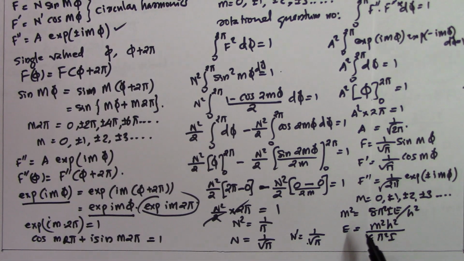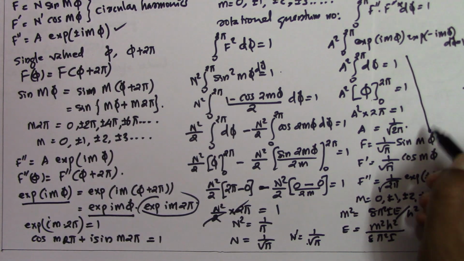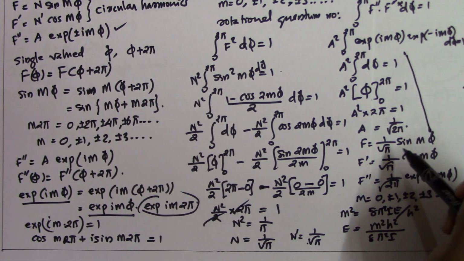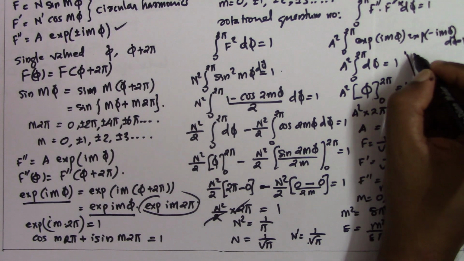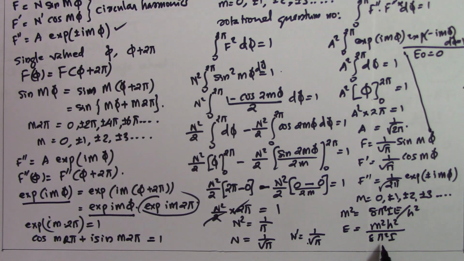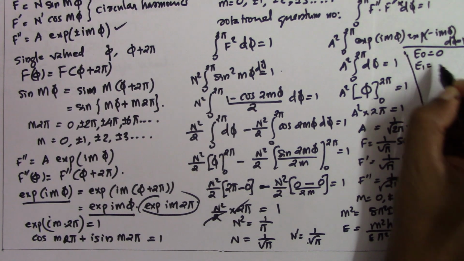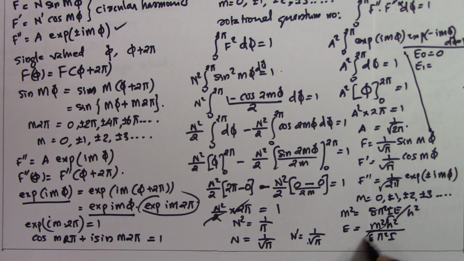So if m is equal to 0, then E0, let me write it here, we don't have enough space here. Now I will try to write everything here in this space itself, so that I can complete this video in this session itself. So when m is equal to 0, E0 is equal to 0, because 0 into h square divided by 8 pi square I, and when m is equal to 1, then E1 is equal to 1 square into h square divided by 8 pi square I, and we can take h square divided by 8 pi square I as 1 unit of energy.